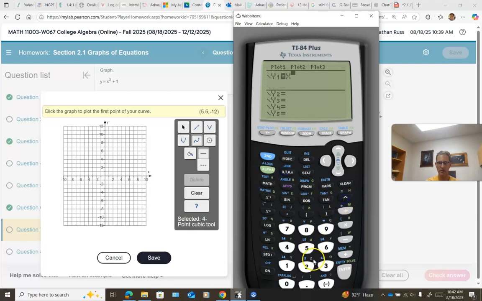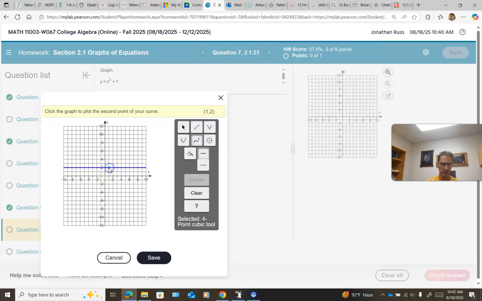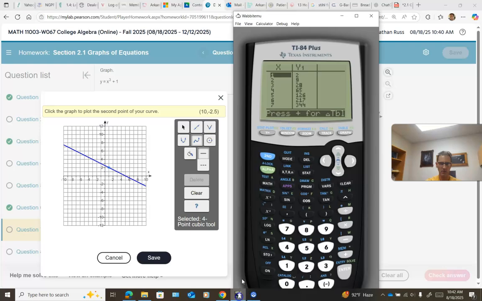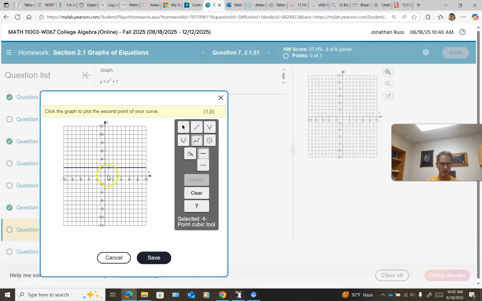X to the 3rd power plus 1. And then we'll go to the table. And I'm just going to maybe, let's do 1, 2 first. Okay. So here, go to the right 1, up 2. There's 1 point. Go back to my table. How about we do 2, 9 next? So I'll go to the right 2 and then up 9.